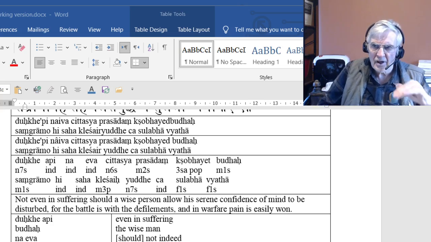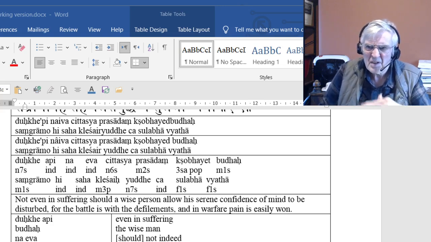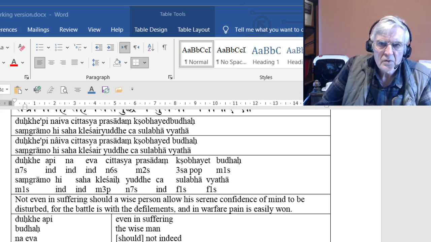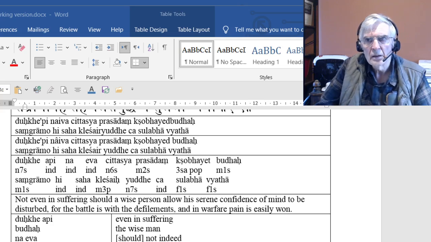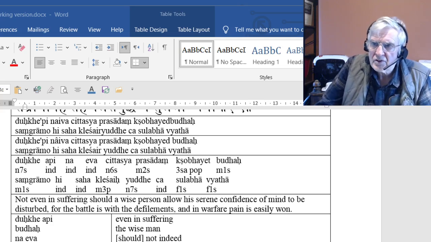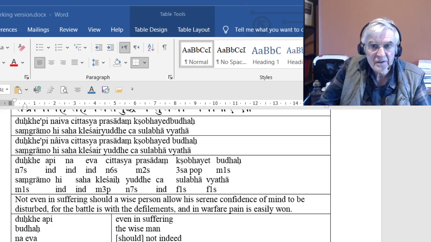But to shove just means to push something aside. In Sanskrit, it has more the meaning of disturbing. So, should not disturb or allow to be disturbed. Prasadam chittasya, the prasada of his chitta, the calmed nature, the undefiled, clearly seeing chitta.